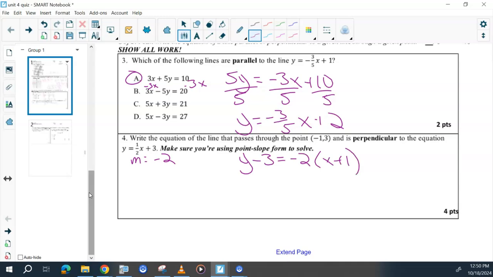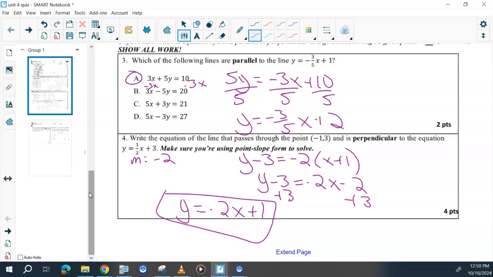Again, if you're doing minus minus, make sure you change that to a plus before you keep going. Then with your setup, if we distribute, we have y minus 3 equals negative 2x minus 2. And add 3 on both sides to get y equals negative 2x plus 1.